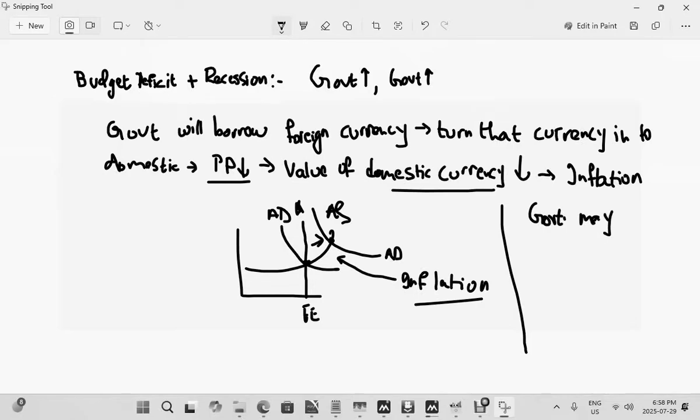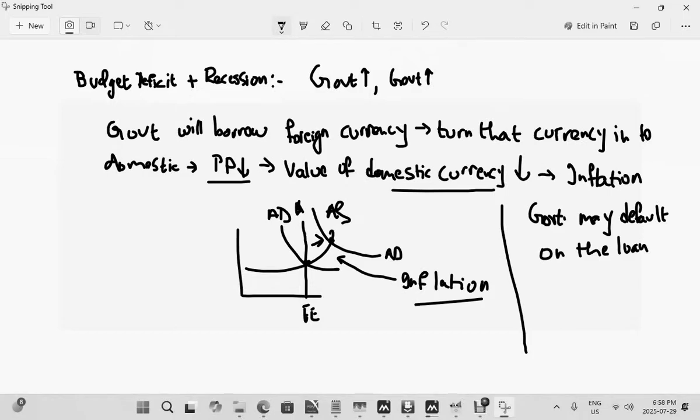The banks may default on the loan. And because the banks may default on the loan, because there might be a possibility that the banks might go bankrupt, international investors who invested in these banks when they had high interest rates during a recession will start withdrawing their money.